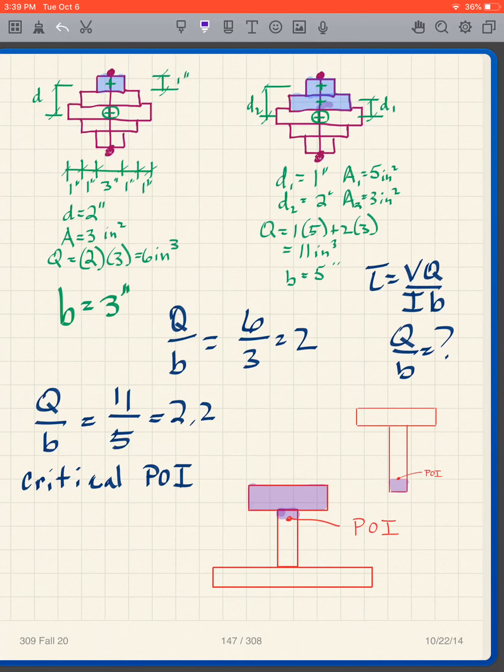If I'm choosing this other point, I've shown the shaded area here. Now I have to do both a D1 and a D2. Again, I didn't show it, but this distance is 5 inches.